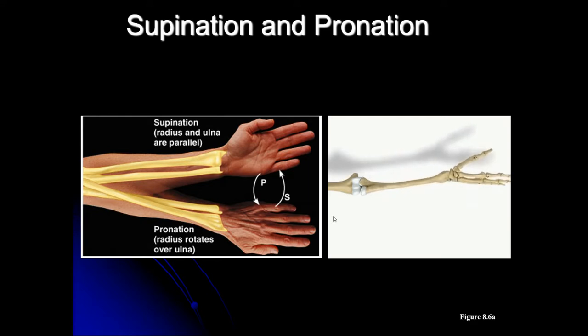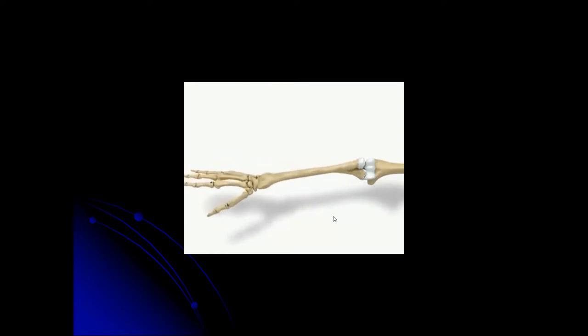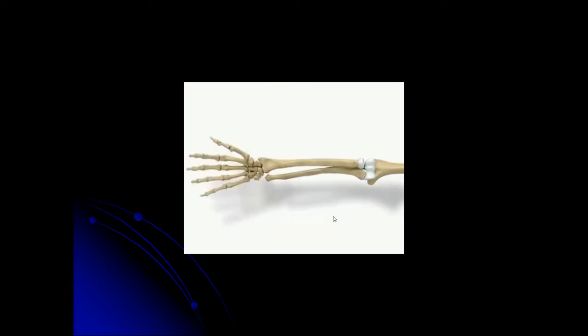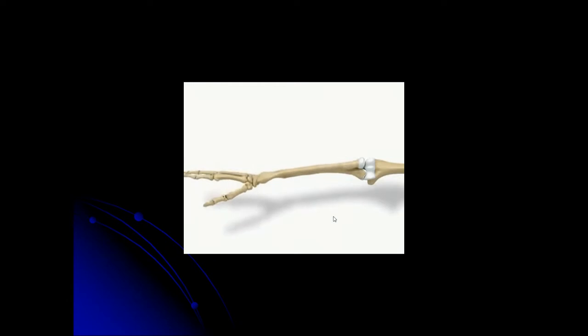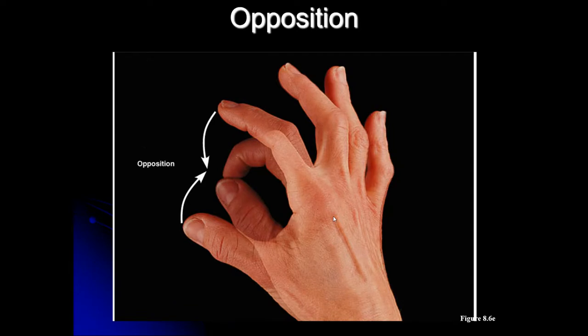Pronation is the palm down or posterior. If you notice, when the hand is supinated, the arm is in anatomical position. Another movement we can only do with our hands is we can touch our thumb to our fingers. We have opposable thumbs, and the movement is called opposition.